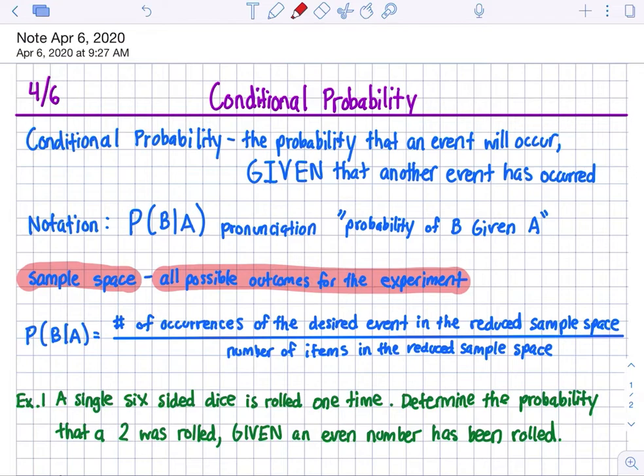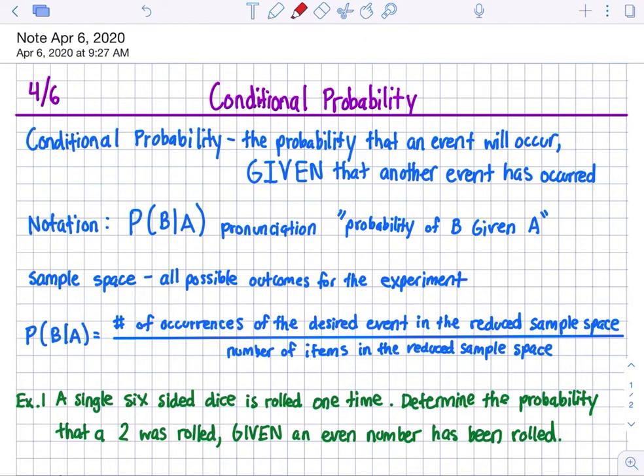So the sample space would be heads, tails. If you roll a six-sided die, what's the sample space? It's all the possible outcomes of that experiment, which is 1, 2, 3, 4, 5, or 6. So a sample space is basically all the possible outcomes of a certain experiment, okay?